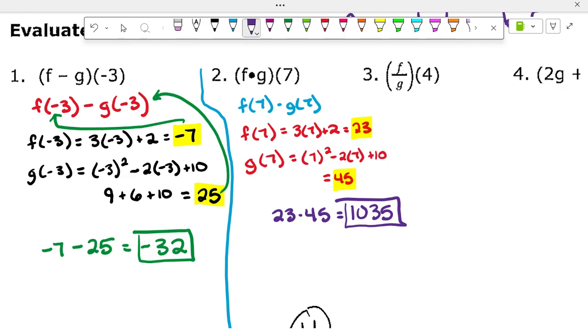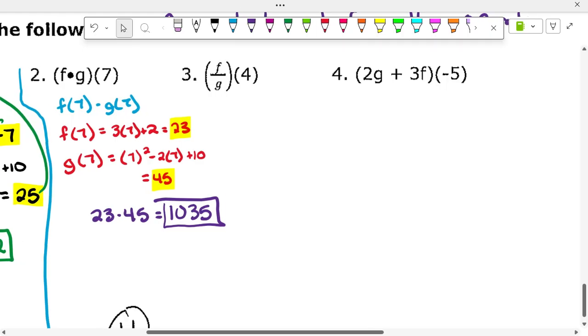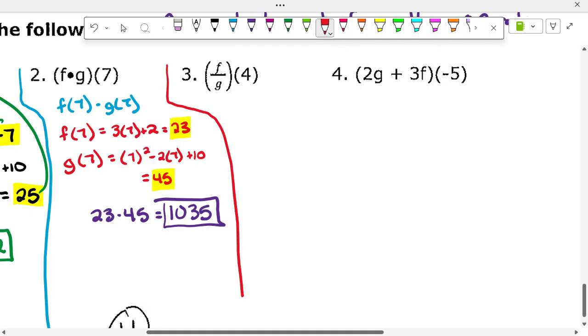How are we feeling on this? Not too bad? Or is it kind of eh? All right. Try number 3 on your own. Just to set it up, you're doing f of 4 divided by g of 4. So start by finding f of 4 and g of 4 first, then divide the two numbers.